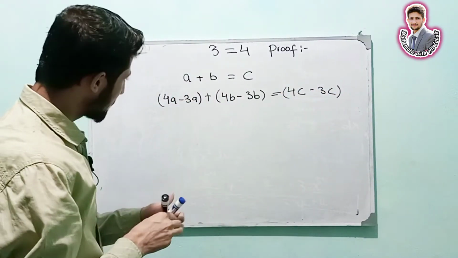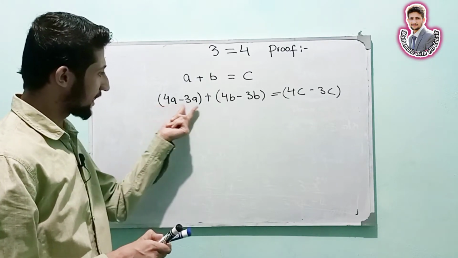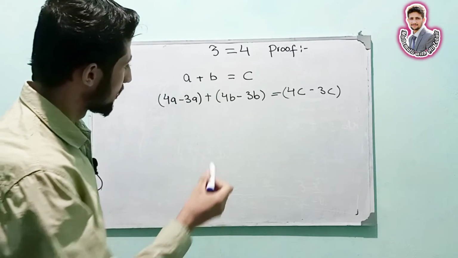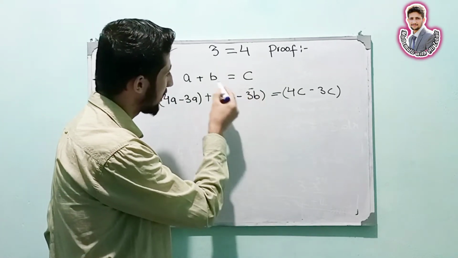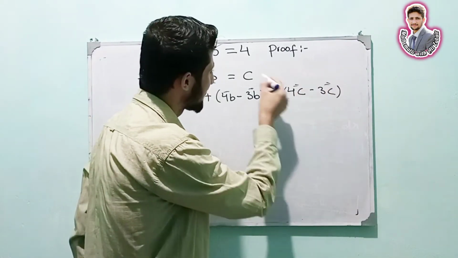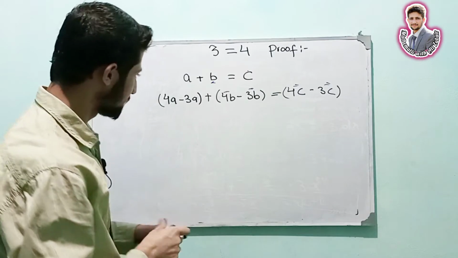So you can see that whenever I subtract 3A from 4A, I will get A. Whenever I subtract 3B from 4B, I will get B. And whenever I subtract 3C from 4C, I will get C. So this step is okay.